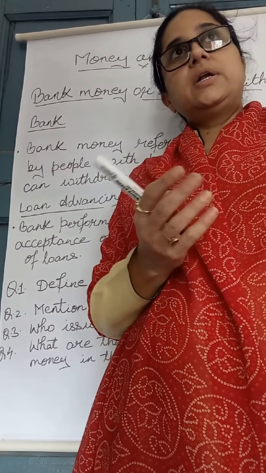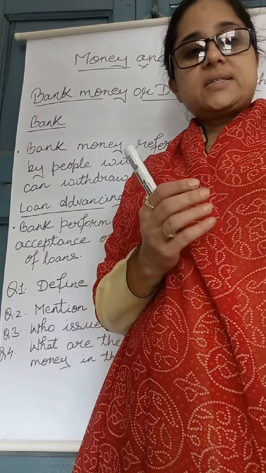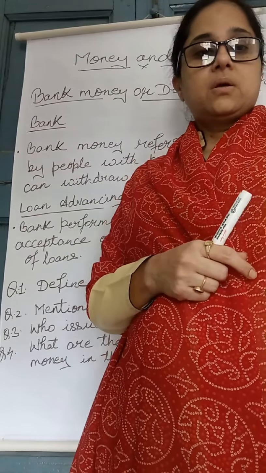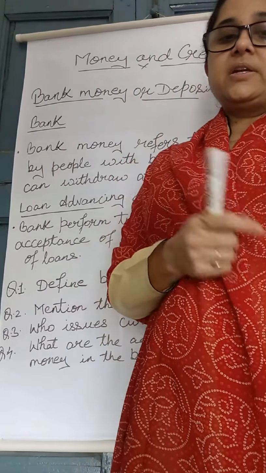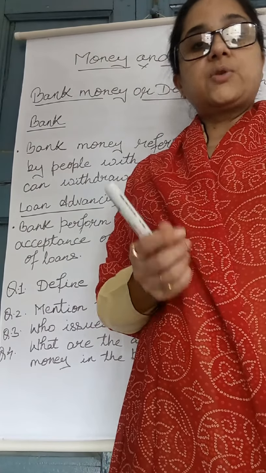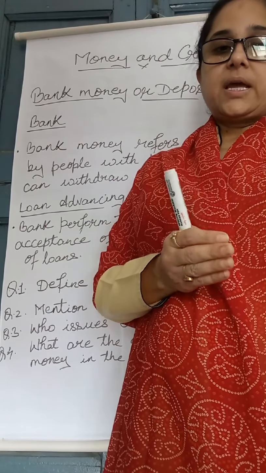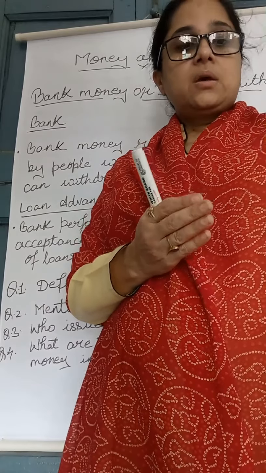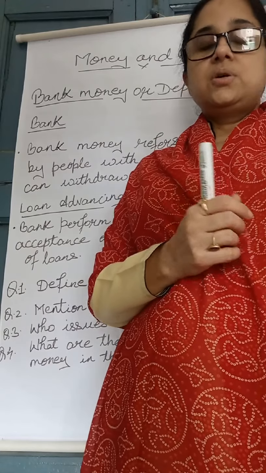Earlier, that is in ancient time, before the introduction of coins, the barter system was prevalent during this time. Goods and services were exchanged with goods and services. For example, grains and cattle were used in exchange processes.